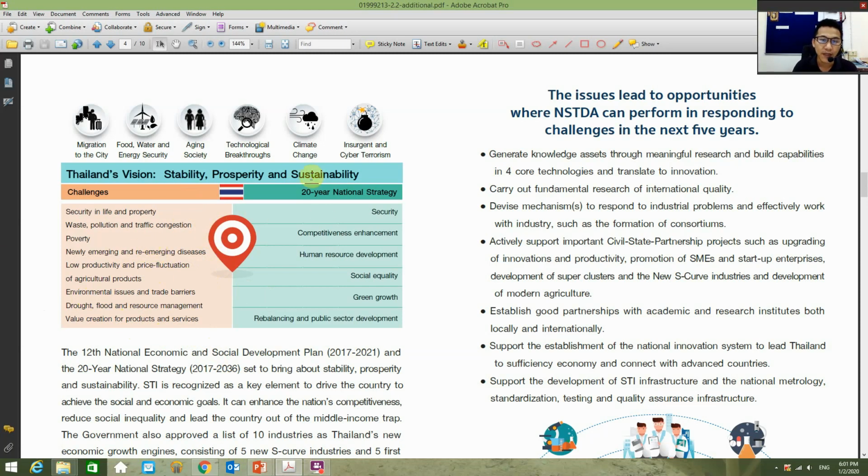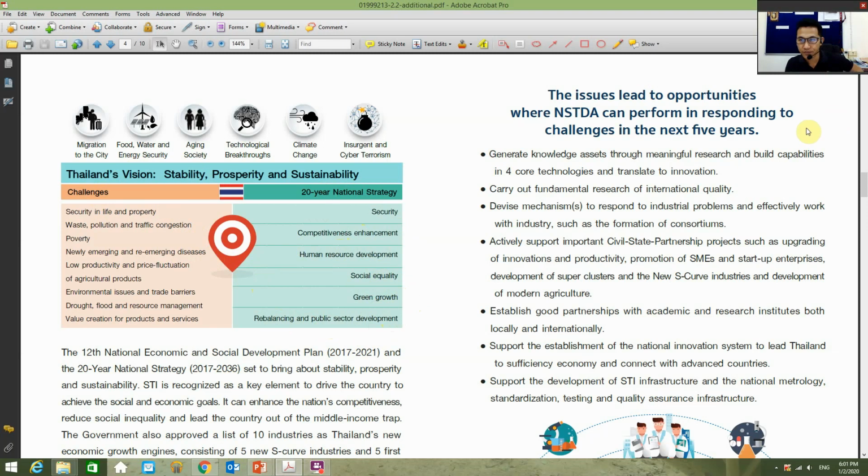All right, and we need a strategy like security, competitiveness enhancement, human resource development, social equality, green growth. Of course, this is the environmental base, and rebalancing and public sector development. So we have a lot of work to do. Once we set out the vision, we need stability, prosperity, and sustainability.